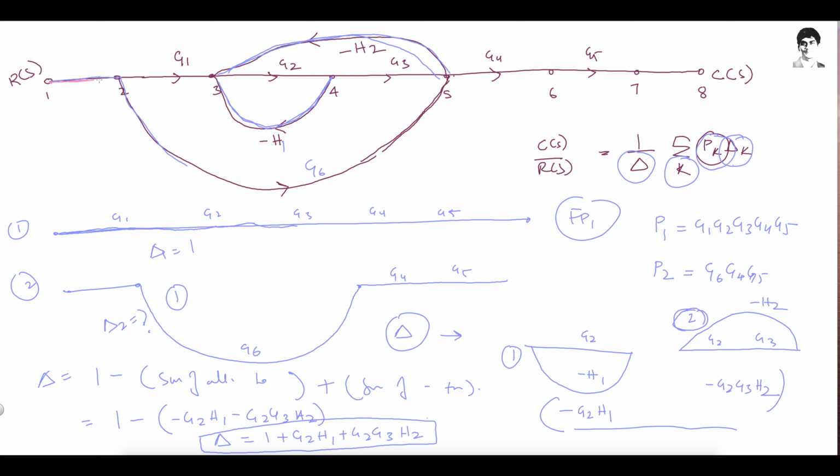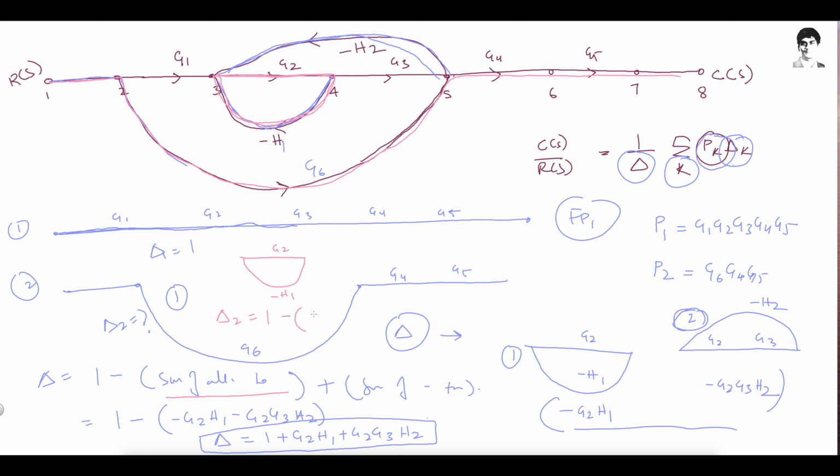No. So this is our forward path here. Is there any loop that is not touching this? Yes, right? This loop is not touching our forward path. So you have to find out the delta for this. That's all. So G2 and minus H1. Delta 2: what is delta? 1 minus sum of all individual loops, where there is only one loop.